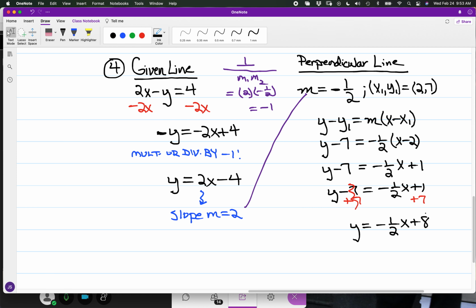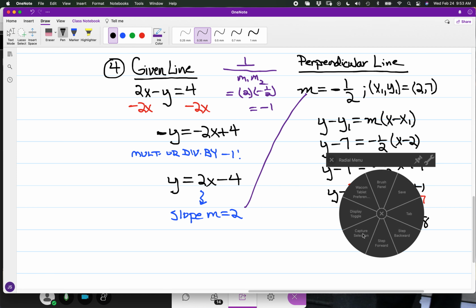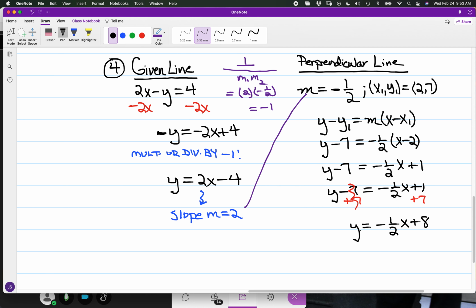Okay, and you can check the result here. Testing out the point (2, 7), filling in 7 for y and 2 for x, the left hand side of the equation is 7, and I want the right hand side to be the same result. So we have negative 1/2 of x at 2, so negative 1/2 times 2 is negative 1. Negative 1 plus 8 is also 7.